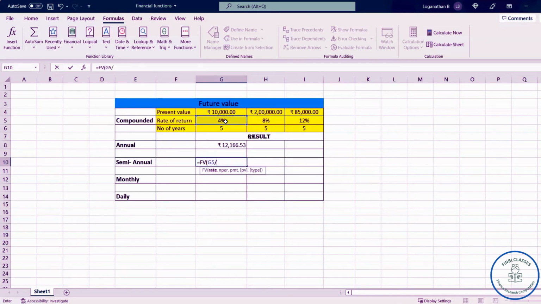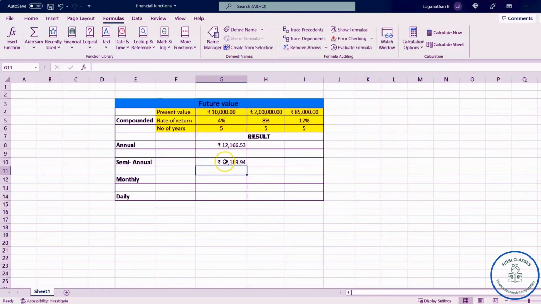So divided by 2, since it's semi-annual, comma. Then here the number of years, 5, that is G6 into 2, right, comma, 0, then the same negative, because it's a present value, because we are investing money today. So I select G4, and I close the bracket and I enter.